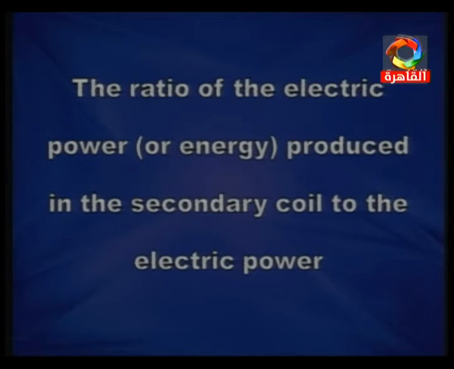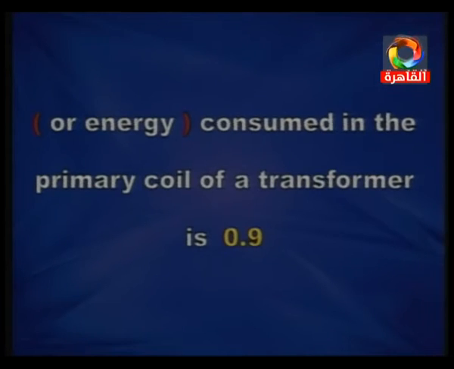The ratio of the electric power or electric energy produced in the secondary coil to the electric power consumed in the primary coil of a transformer equals 0.9. What does this mean?